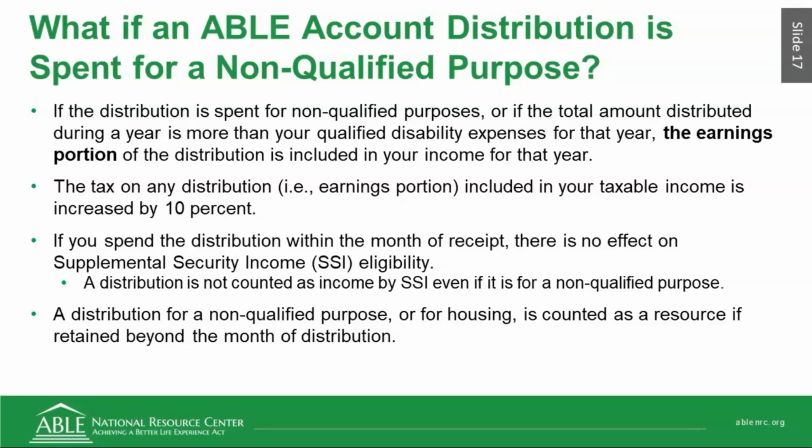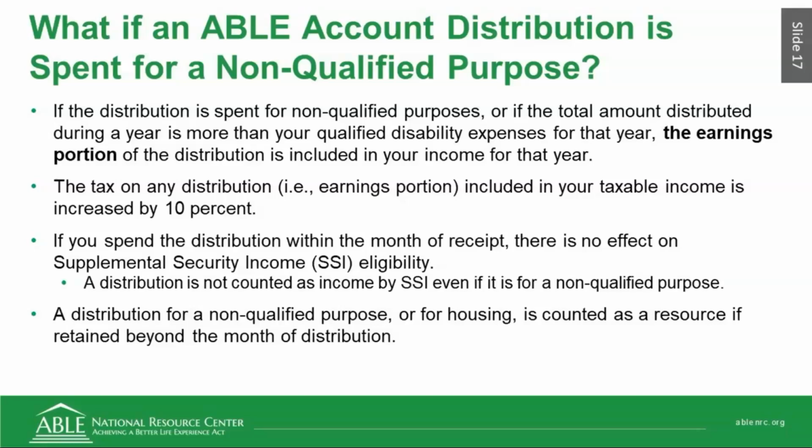If you don't spend it in the same month and that money is still in your possession as of the first of the next month, it counts towards your resources. Is there a way around that? We'll be talking as we go along about possible strategies like having a debit card where you only use it as expenses come up, or if it was a monthly rental or mortgage payment, having that money automatically deducted from your bank account, your ABLE account, assuming your ABLE program allows you to do that.